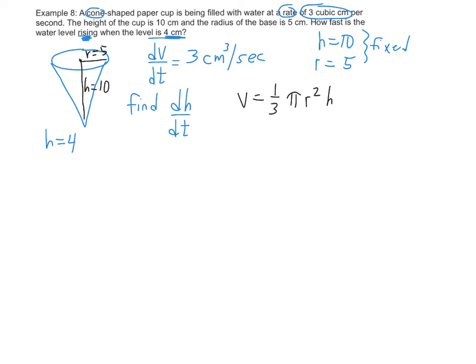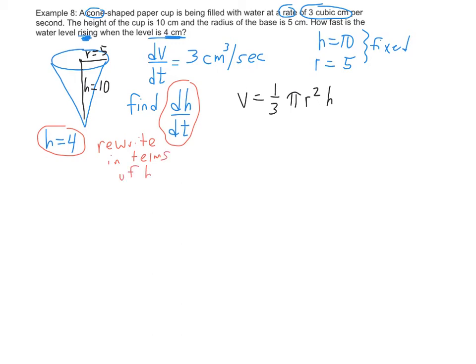So very similar to when we did some optimization problems, we want to make sure that we are rewriting this in terms of just one variable. The next question becomes, well, do I want to rewrite this in terms of r or h? Well, you have to look at what's given. We are given that h is 4, and we're trying to find dh/dt. So that means we need to rewrite in terms of h.